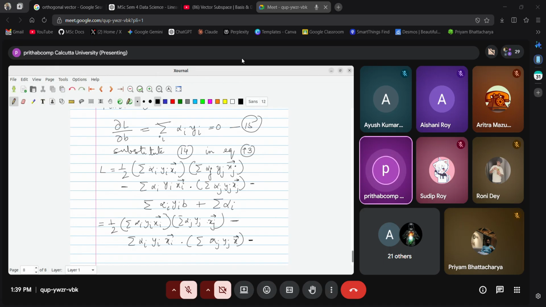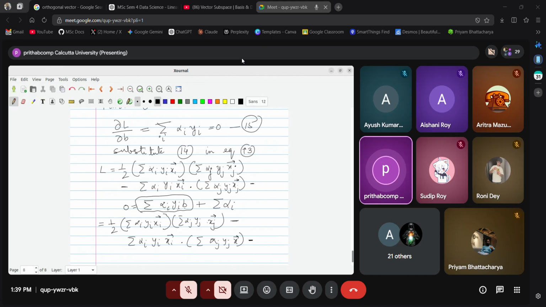Now you see one thing, minus this thing, alpha i yi b. This part becomes 0. Why? Because you see here, the summation of alpha i yi is 0.